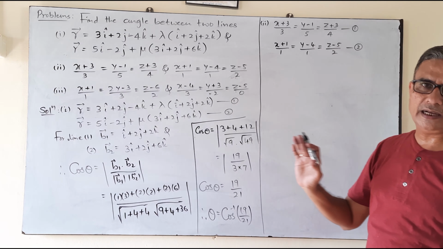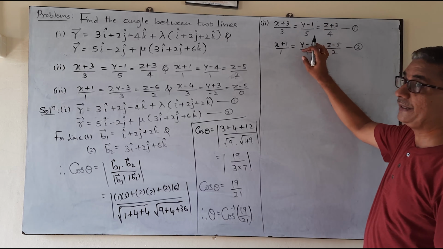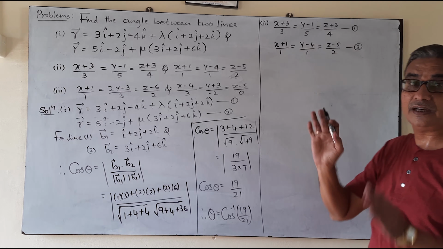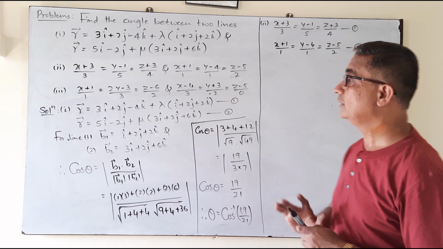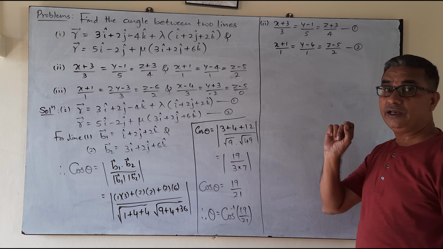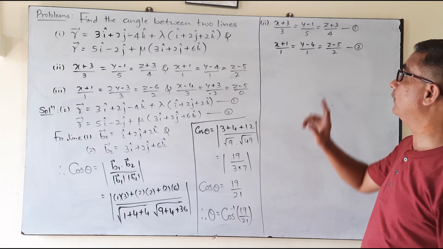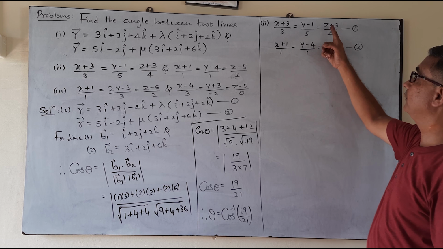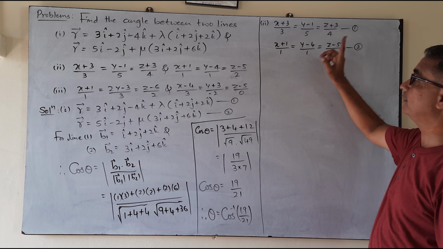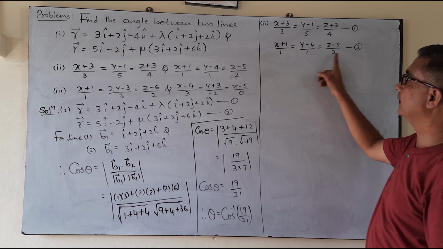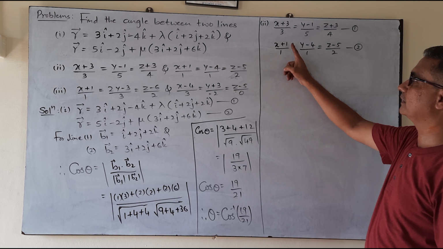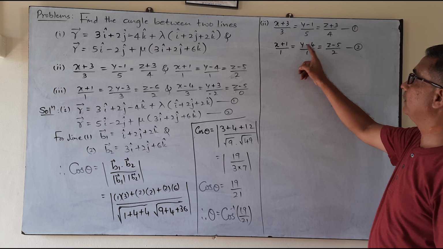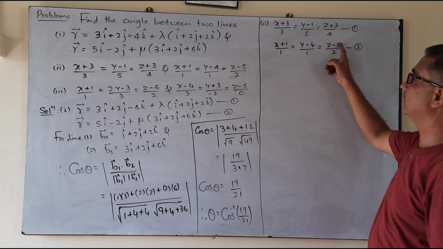Before solving the angle between two lines, first you have to identify whether these two lines are in Cartesian form or not. Cartesian form should be x minus x1 divided by a1, y minus y1 divided by b1, z minus z1 divided by c1. That is the first line. Check the second line: again x minus x2 by a2, y minus y2 by b2, z minus z2 by c2.